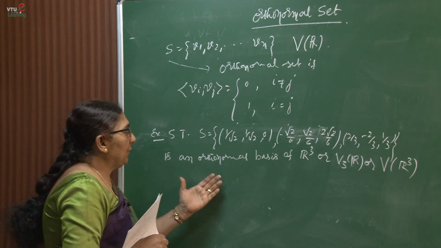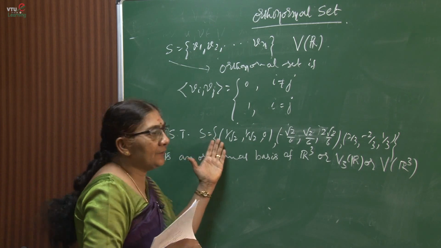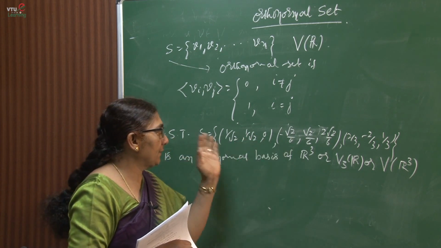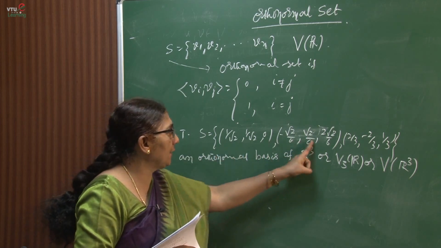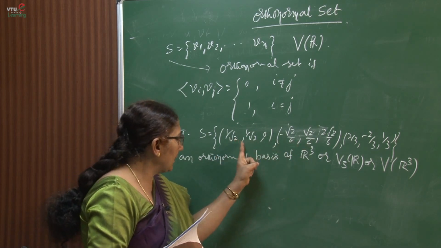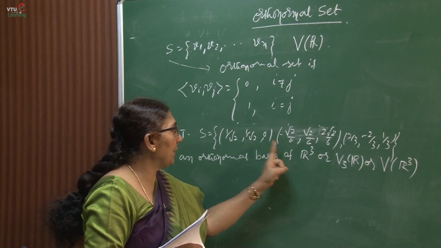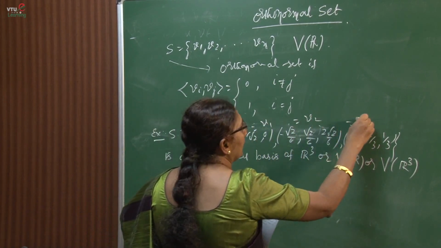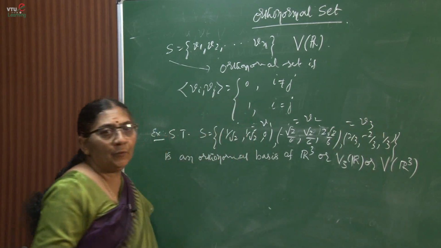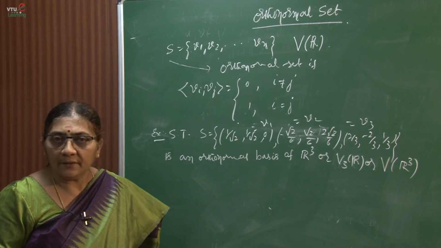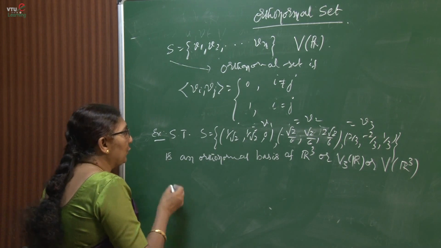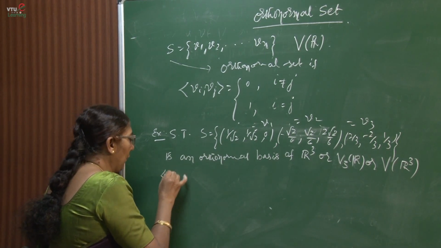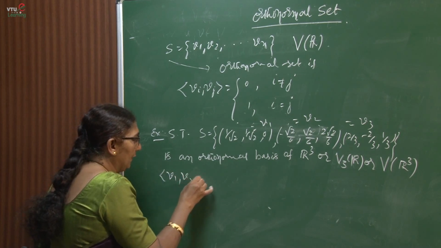Now I want to prove that, which means you have to verify whether the given set S is an orthonormal set of non-zero vectors. Definitely these are non-zero vectors because at least one component of each of the vectors, say V1, V2, V3, is non-zero. It is enough to verify whether it's an orthonormal set or not. How to verify that? First you verify that it's an orthogonal set. First you find the inner product of V1 comma V2.